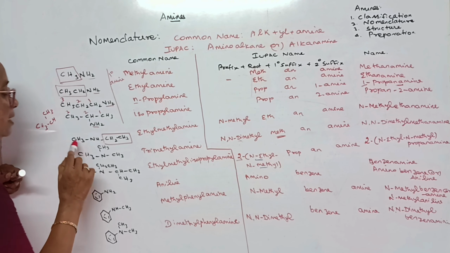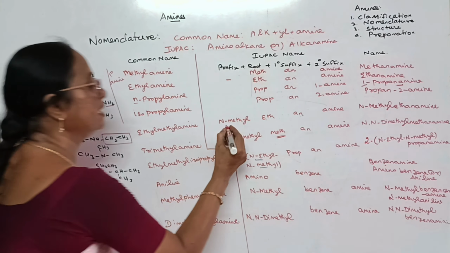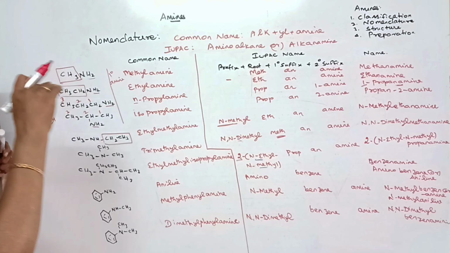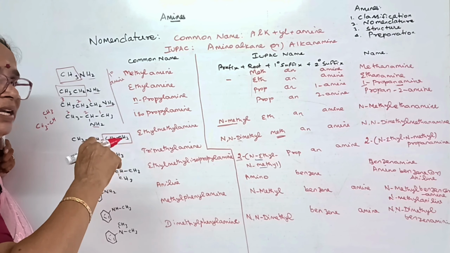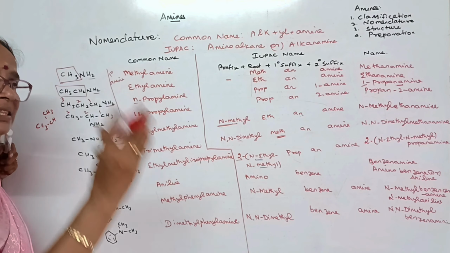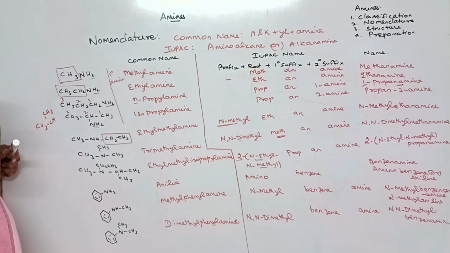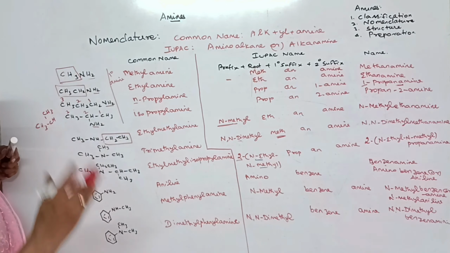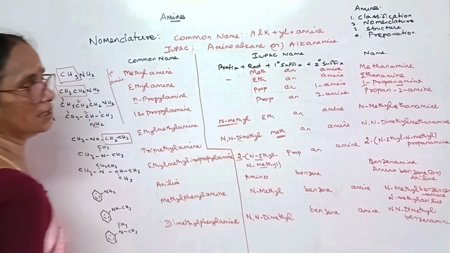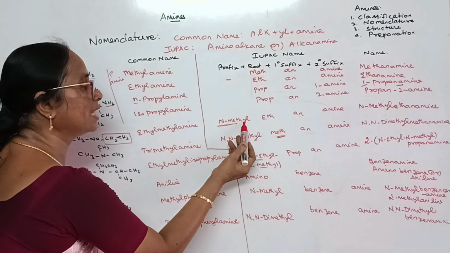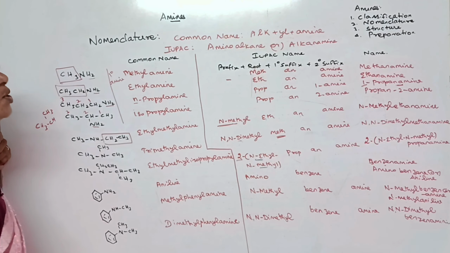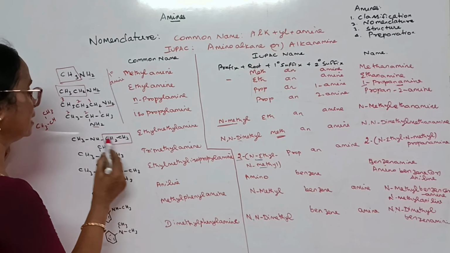It is present on the nitrogen, and hence I am writing N-methyl. Since the methyl can even be part of a substituent of the alkyl chain, to differentiate whether the alkyl group is part of the chain or a substituent of nitrogen, we use N-methyl. It indicates the methyl is attached to the nitrogen. So the name is N-methyl ethane amine.